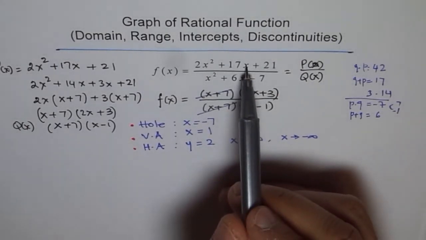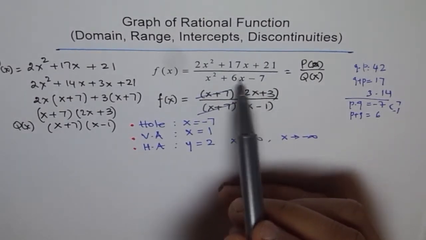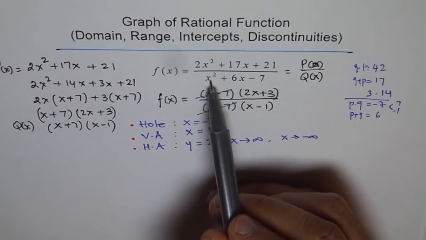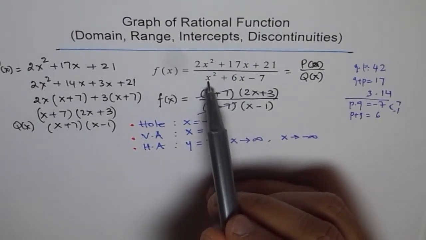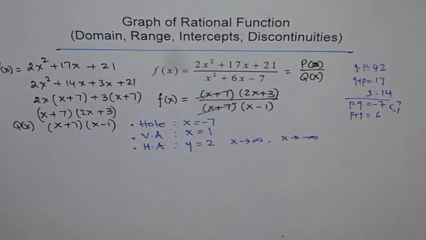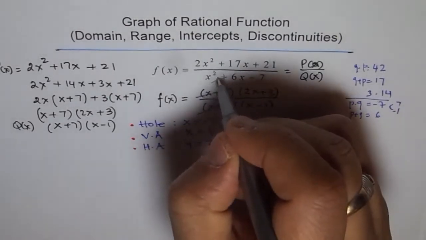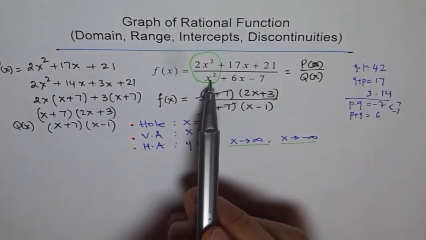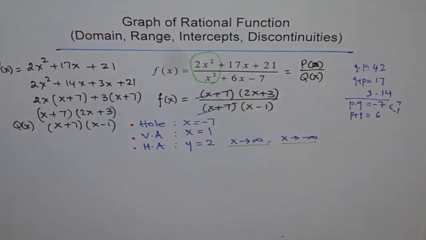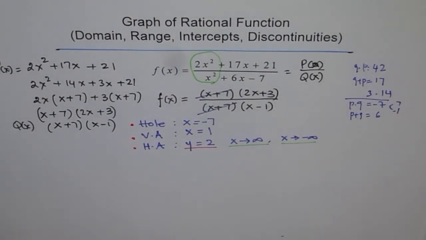If x is very large, then 21 and 7, these numbers are negligible. x squared is very, very large, and therefore these terms are also negligible. We are left with just these terms. Do you see that? So the ratio x squared gets cancelled, and we are left with 2. Do you understand? And that is why we get horizontal asymptote y equals 2.